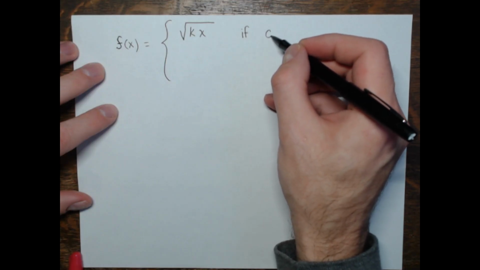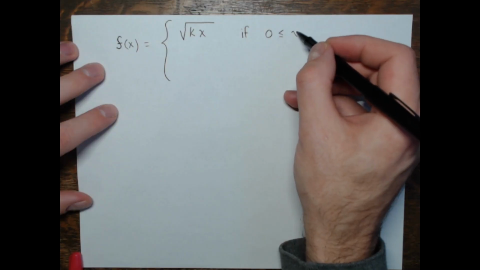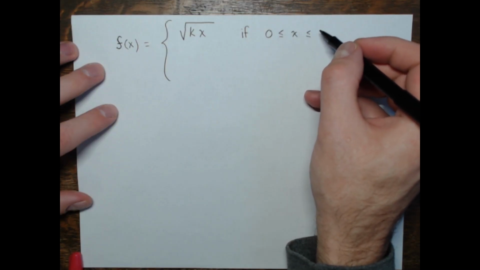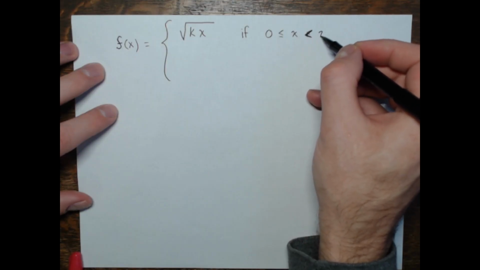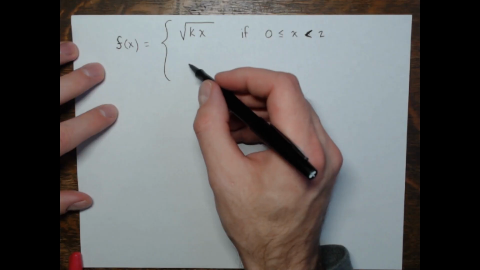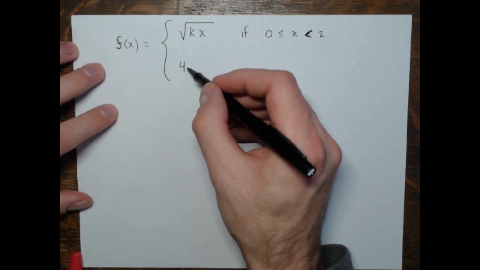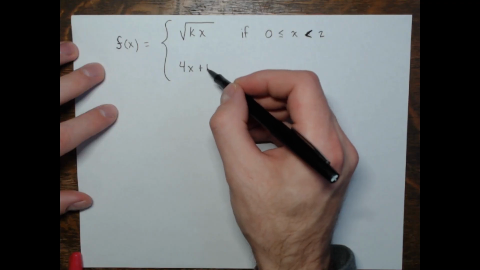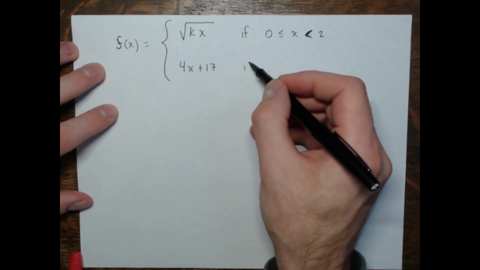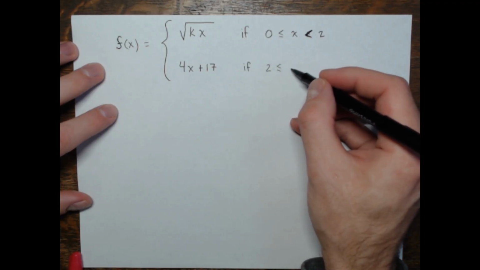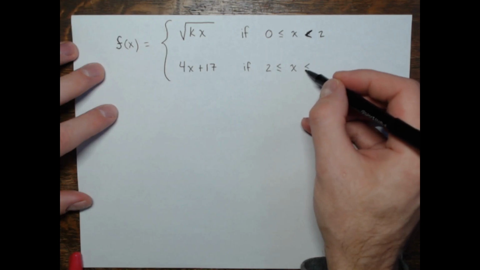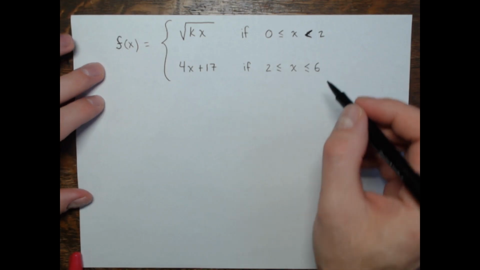If 0 is less than or equal to x is less than, sorry, not equal to 2. And then the second piece, the output is 4x plus 17. But this is only the output if x is between 2 and 6, including both, right?